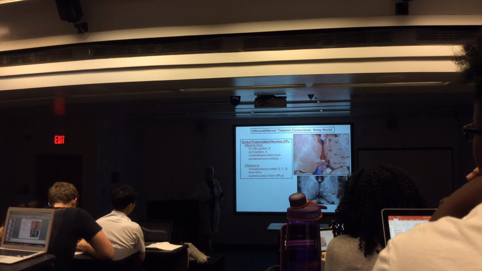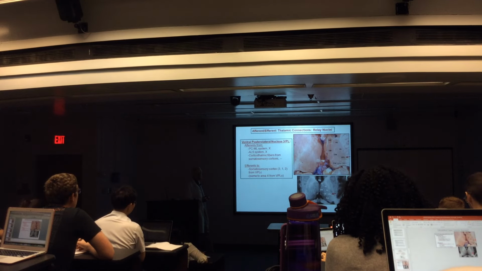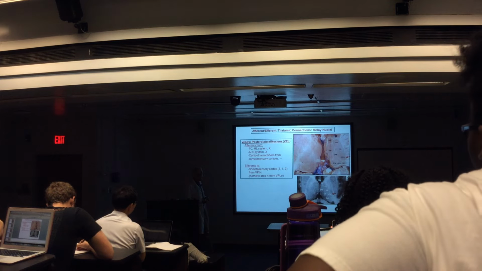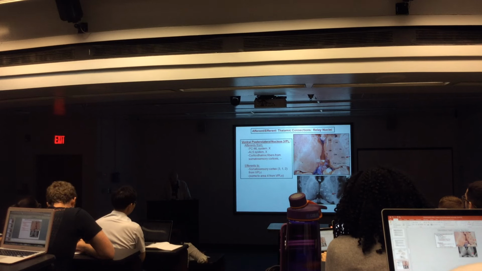The VPL doesn't get any of the stuff from the head. That goes somewhere else. Efferents from this nucleus go to the somatosensory cortex, and some go to area 4. But the efferents are mainly to the somatosensory cortex.